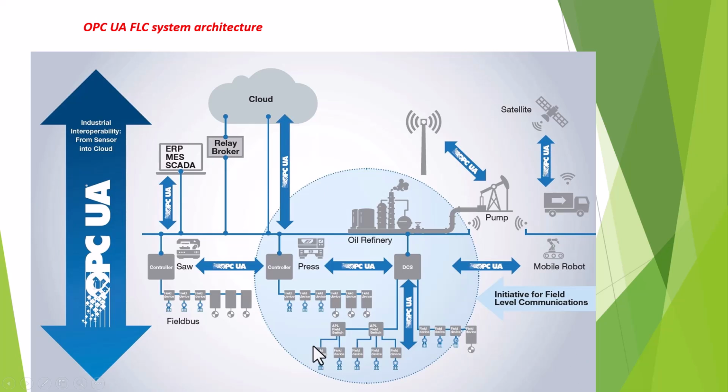At the bottom are the site devices, and the DCS controller uses OPC UA to communicate with each other. Also, the DCS communicates with the mobile robot using OPC UA. Then it goes to the cloud, also with OPC UA.